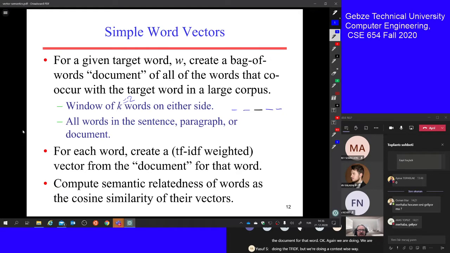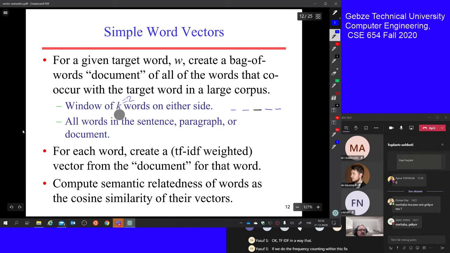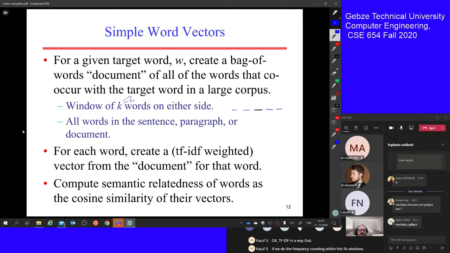And then we compute the semantic relatedness of words using the cosine similarity. So we do the frequency counting within these fixed windows, and we use the resulting vector.